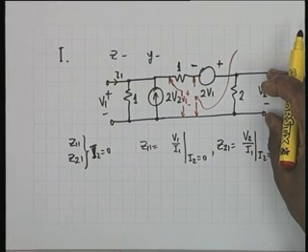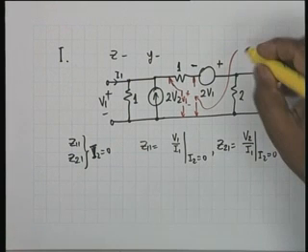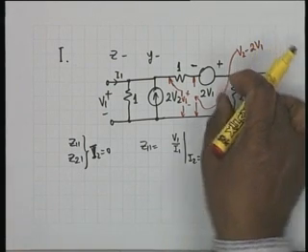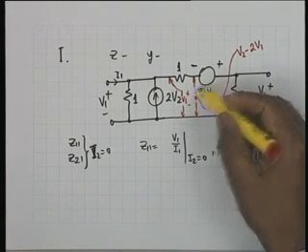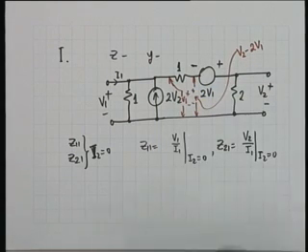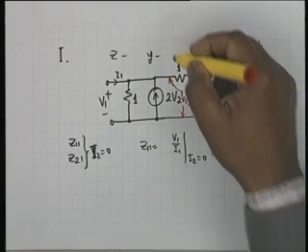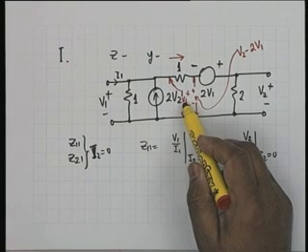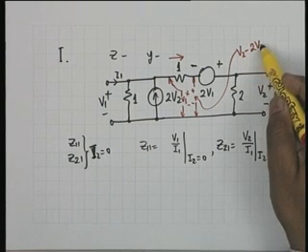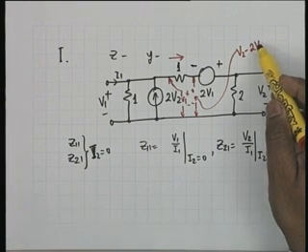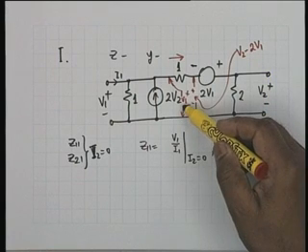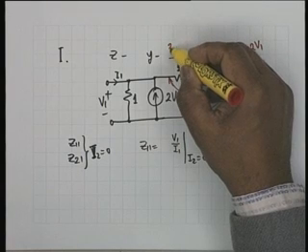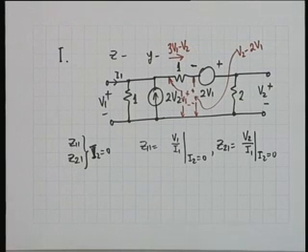This is V2, then there is a drop to V1, so this voltage is V2 minus 2V1 with the same polarity. Therefore the current through 1 ohm shall be equal to this voltage minus this voltage divided by 1. So V1 minus V2 plus 2V1, in other words it is 3V1 minus V2.